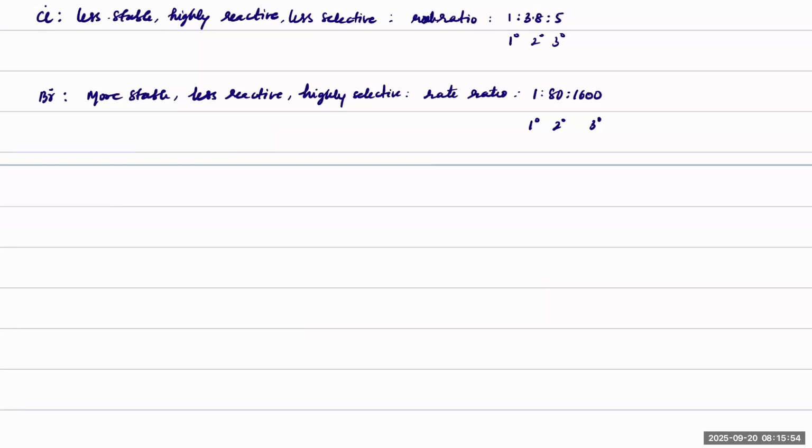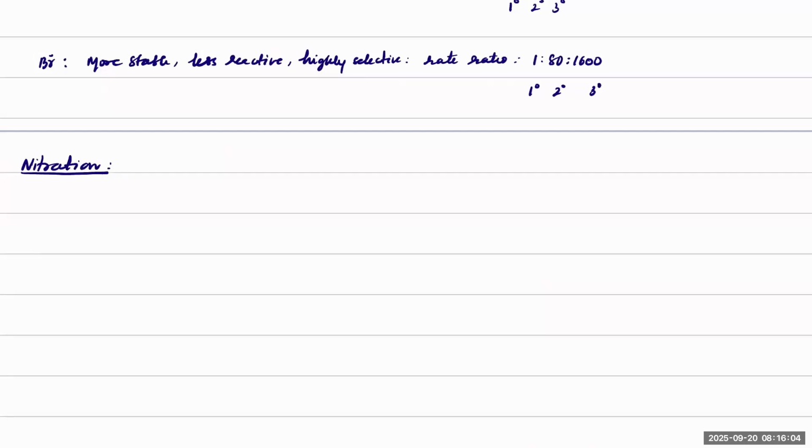Next one being nitration. Nitration and sulfonation: if you have an alkane, you react this with HNO3 and heat, you get CH3CH2NO2. Clear?